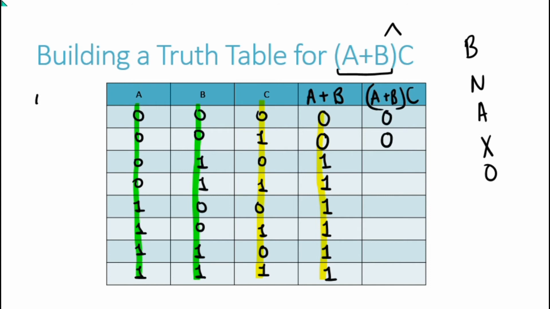And I'm just looking across here. 0 times 1, 1 times 1. 0 times 1, 1 times 1. 0 times 1, and 1 times 1. So that's the final output, with all the possible combinations giving all the possible values coming in for A, B, and C.